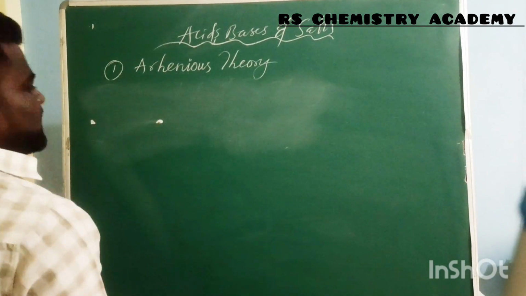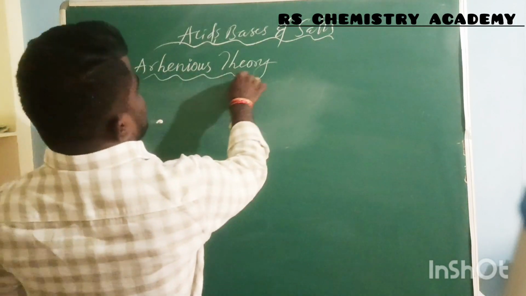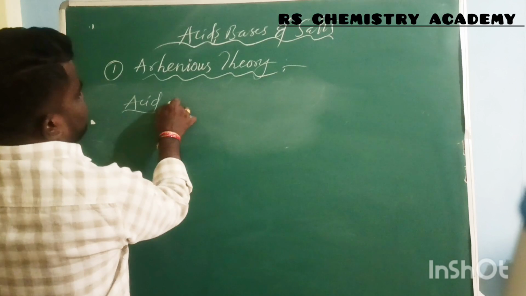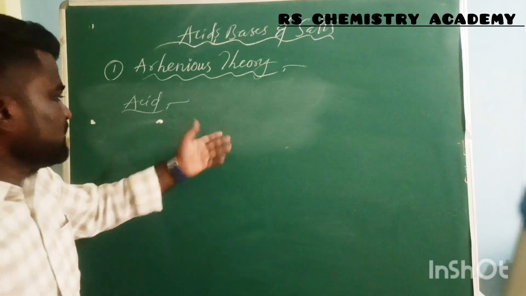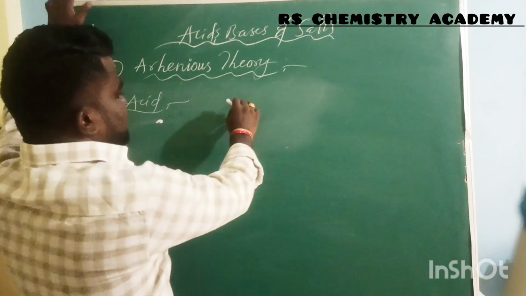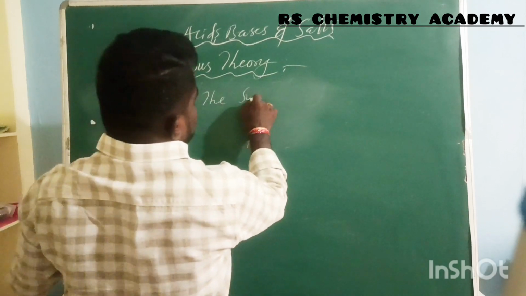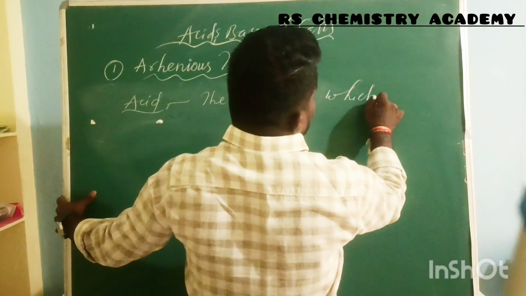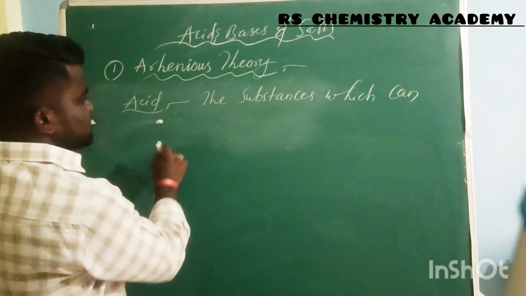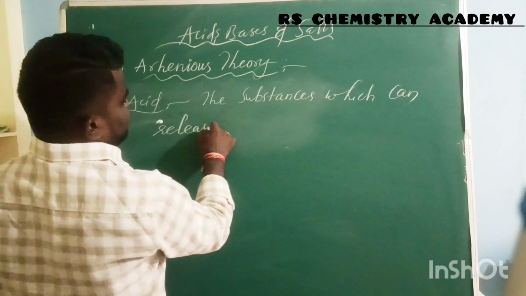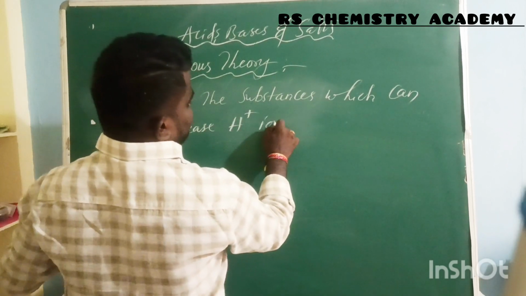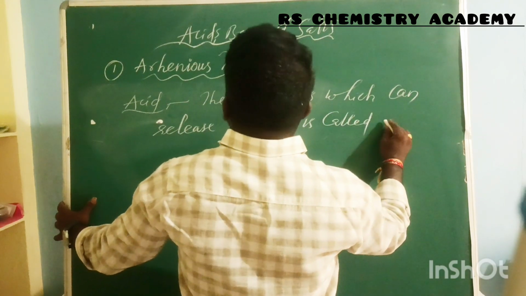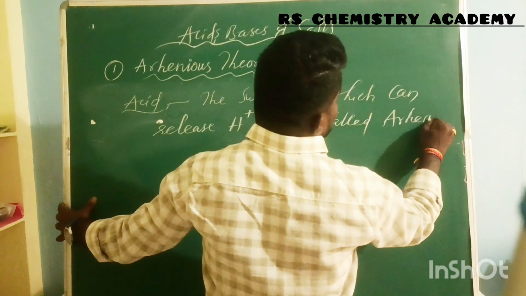First one, Arrhenius theory. According to Arrhenius theory, what is meant by an acid?